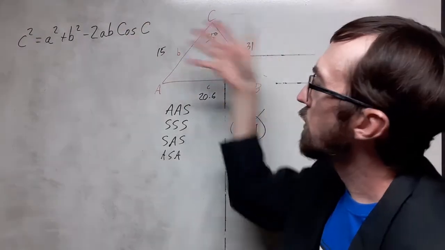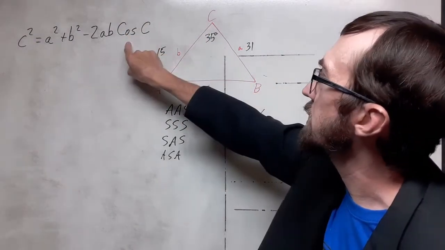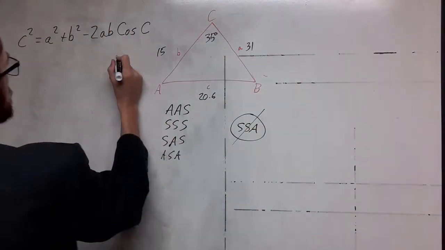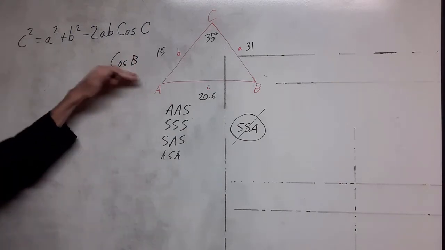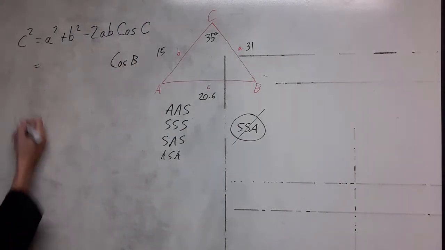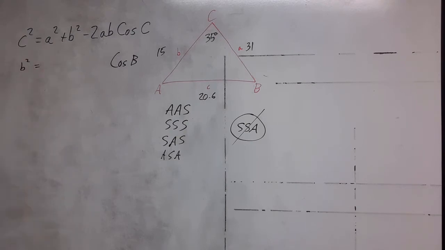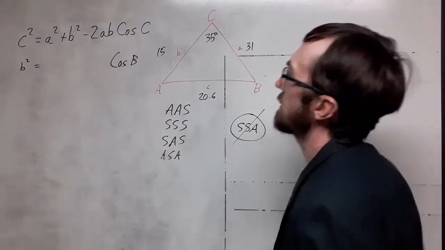So we're going to kind of work backwards from this. We need the angle B, so we know we need the cosine of B here. So cosine of B. If we have the angle B here on the other side of the equal sign, this is going to be lowercase b squared. This is that side.